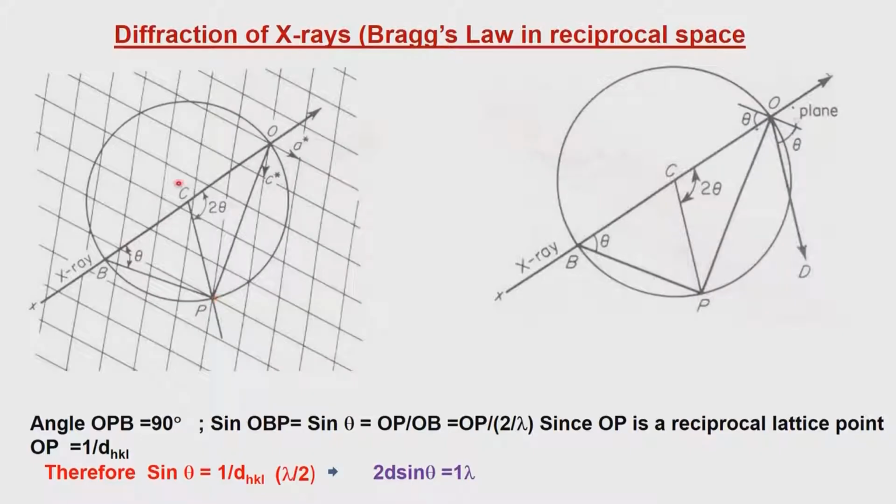Whenever there is a reciprocal lattice point in this reciprocal net which cuts the circumference of the Ewald sphere, which is drawn with a radius of 1 divided by lambda, that particular point will be a point from which diffraction can come out. That means it will be a point corresponding to the vector H, the capital H, which we have discussed. And therefore, we see that there will be a diffraction in this direction.